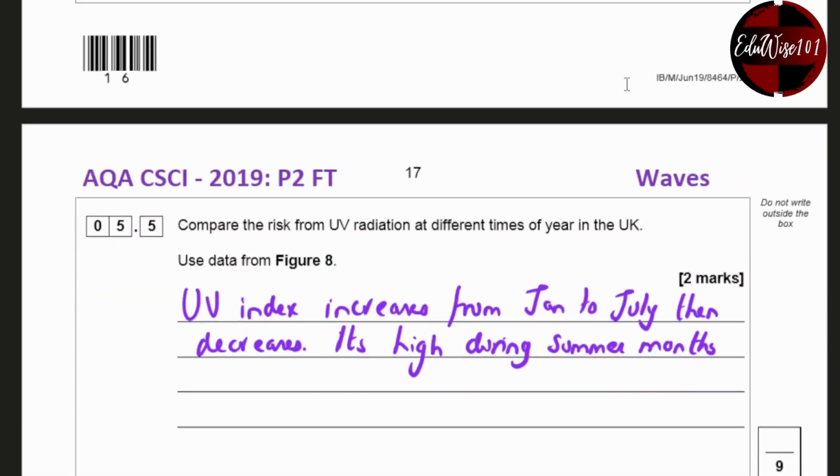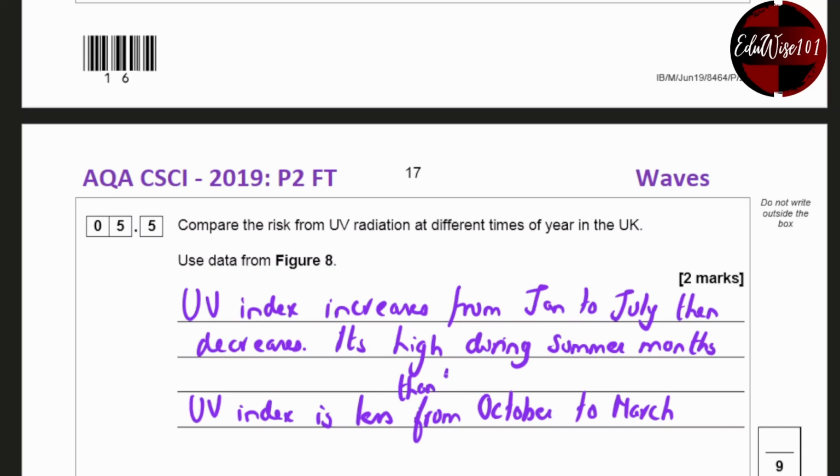So UV index is less in or from October, November, December, January, February, and March, to less than 4, right?